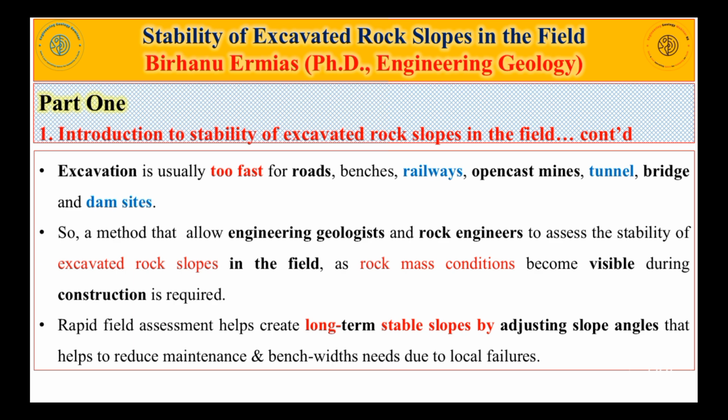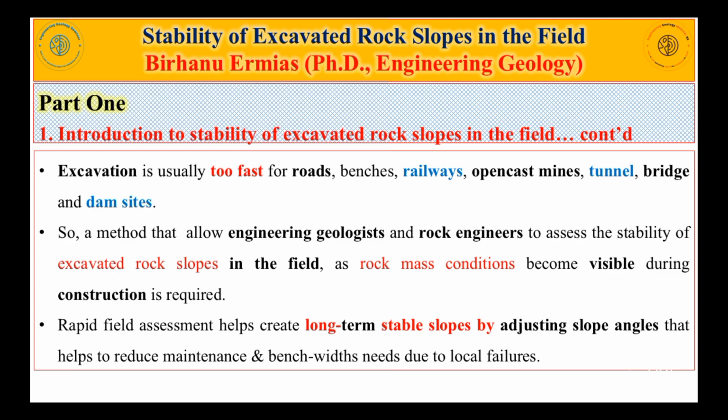So if you get a method that enables us to conduct rapid assessment of the slope that is already excavated and the real condition is manifested, so the site engineer or engineering geologist on site can observe the excavated slope and apply this fastest technique, and if he can provide the optimum slope angle for the cutting of the slopes, then that method will be the best method.